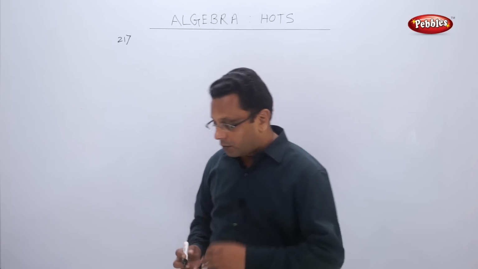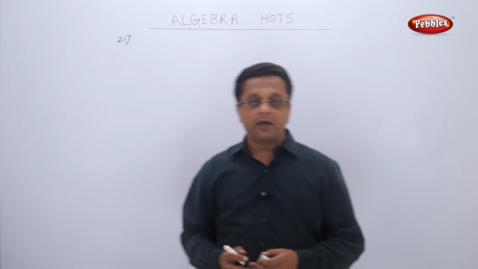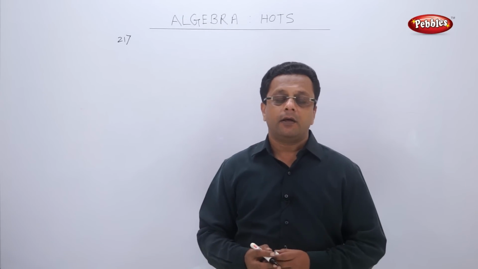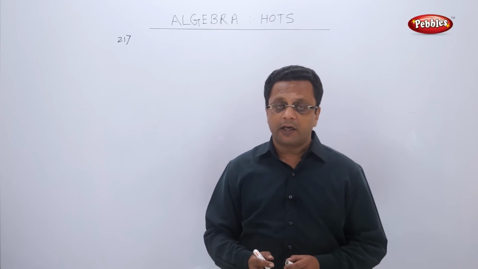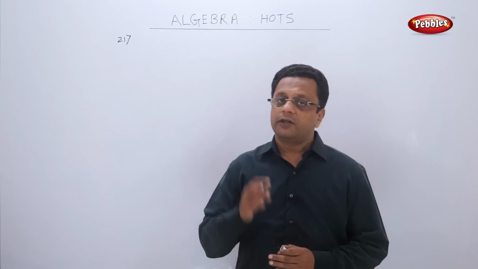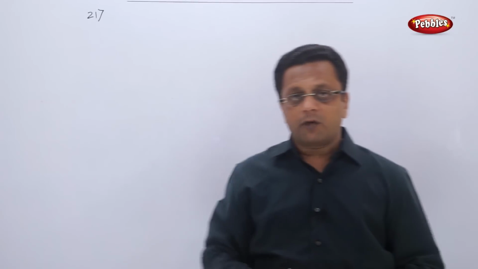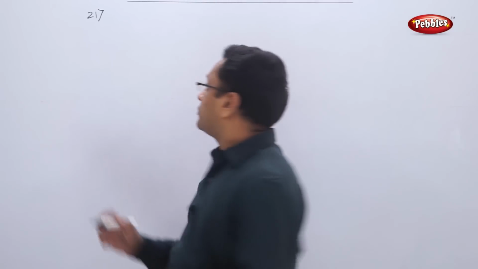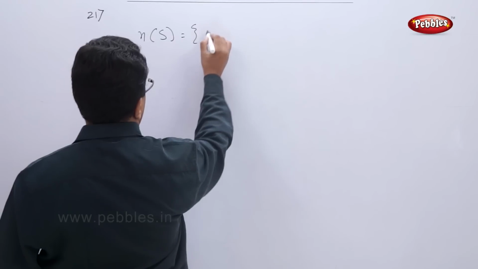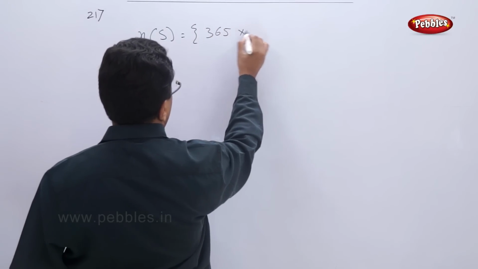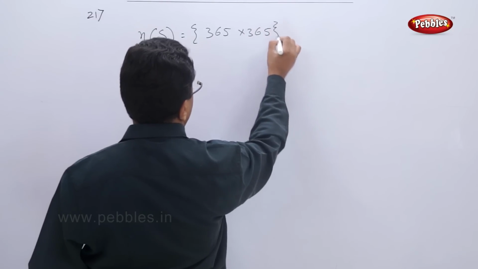Now Savita may have the birthday on any one day of the 365 days. Similarly, Hamida will have the birthday on any one day of the 365 days. So now what will be the NS? NS will be equal to 365 into 365.